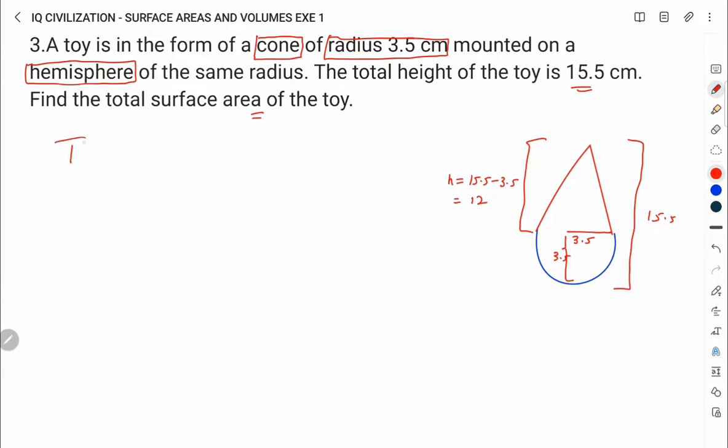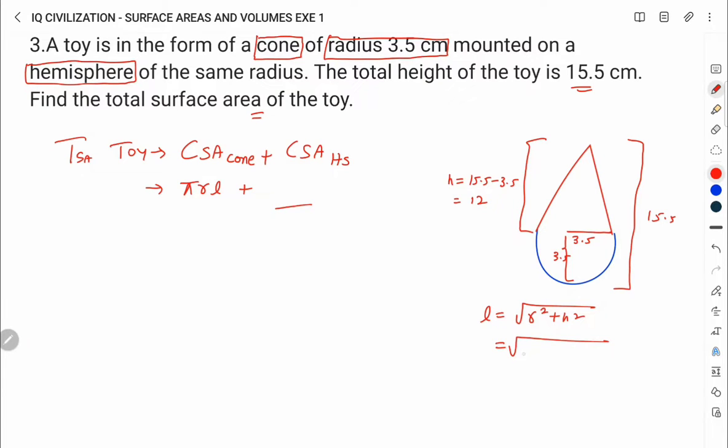First thing, TSA of the toy is nothing but CSA of cone plus CSA of a hemisphere. For finding the CSA of a cone, first we need to find this value, pi r l, plus the CSA of the hemisphere. First, l is equal to root of r square plus h square.